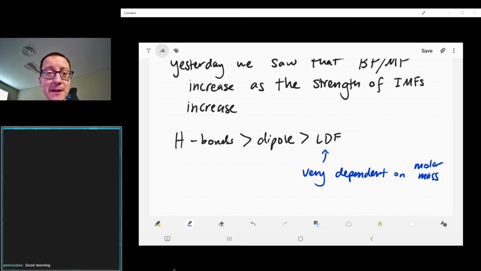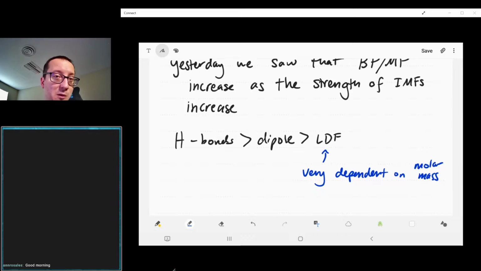So you're going to see plenty of examples of this in your homework when you're looking at molecules that potentially could hydrogen bond or just do dipole interactions or just do London forces. You're going to be able to rank those. You'll be able to look at their boiling points and melting points and compare, based on which intermolecular forces they're able to do, how they're going to behave.